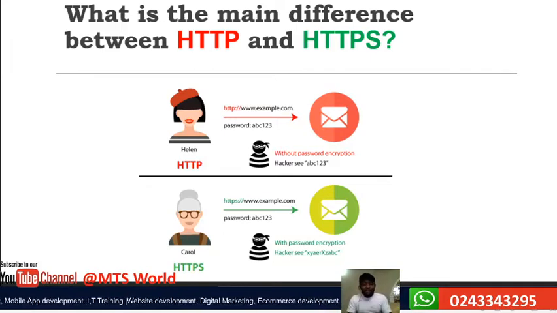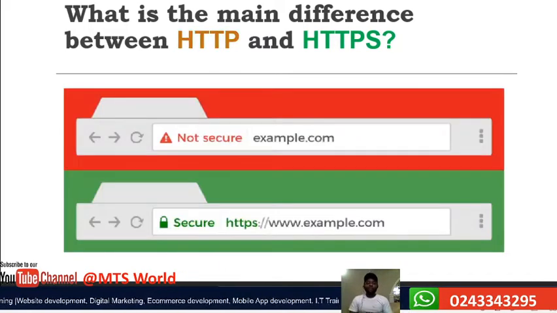So if the user uses this website, since the site is secured by the HTTPS protocol and the person entered the password ABC123, even if a hacker tries to hack the system, the person will see the password like this and cannot access your profile. This is a basic example of what I'm talking about.